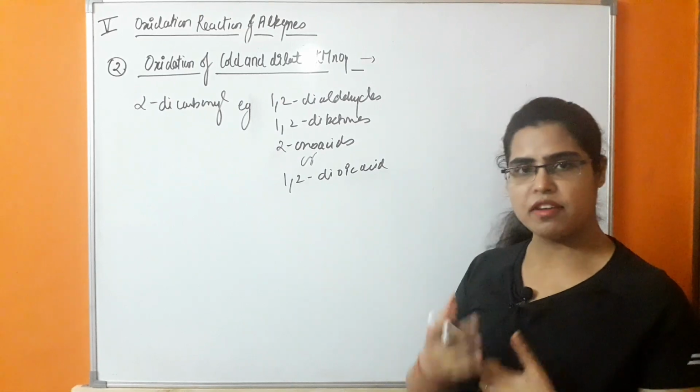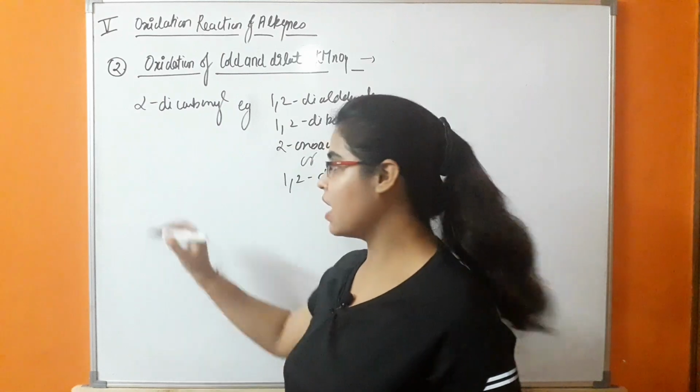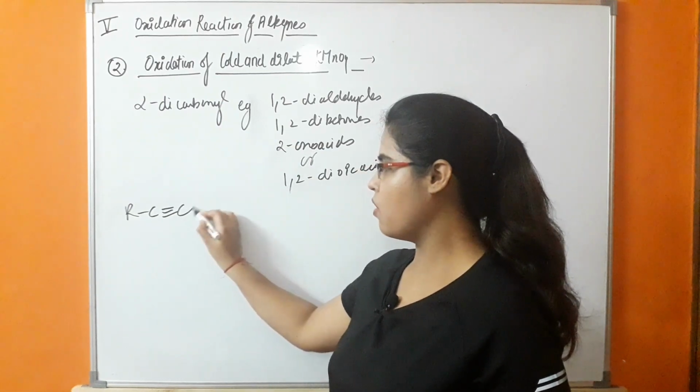In this case, if terminal alkynes are present, what is happening? R C triple bond CH.